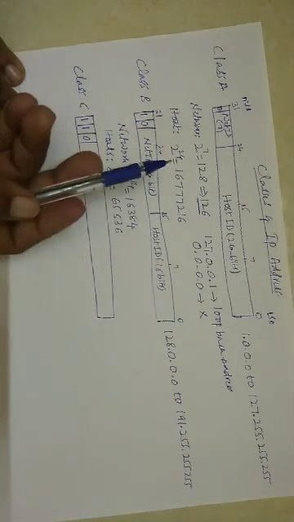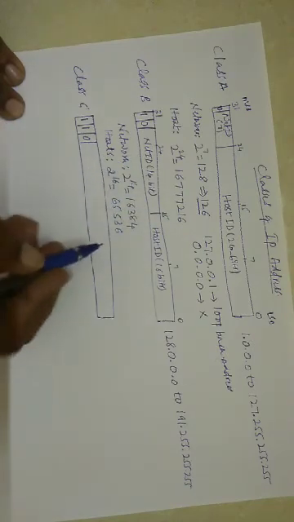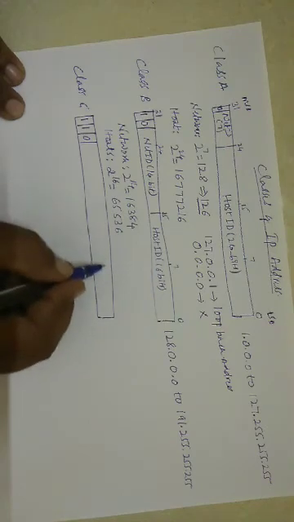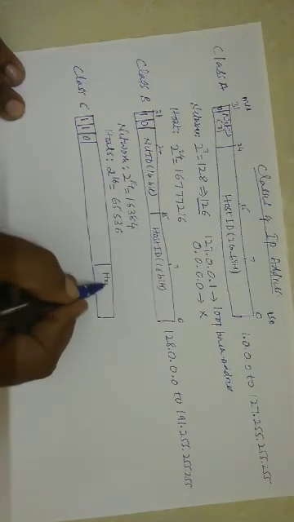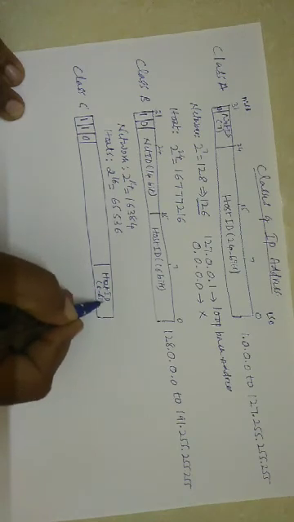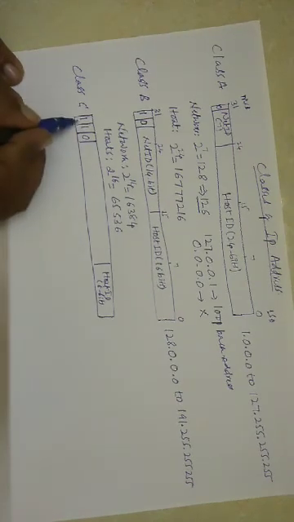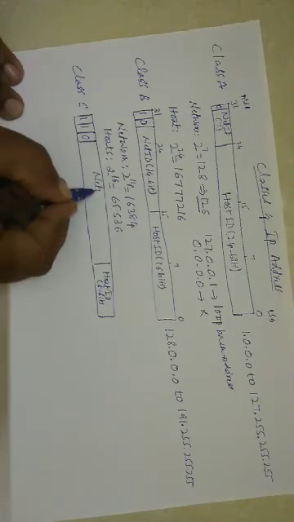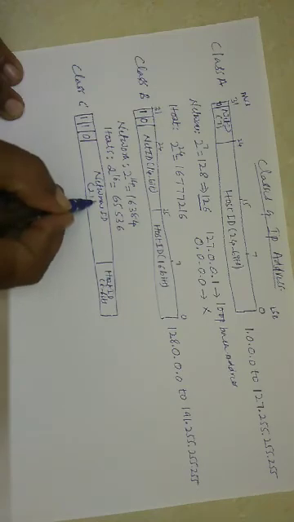Since in class A the host ID is 24 bits and in class B it is 16 bits, in class C we have only 8 bits for host ID, and the remaining 24 bits, of which 3 went for class identification, leave 21 bits for network identification.